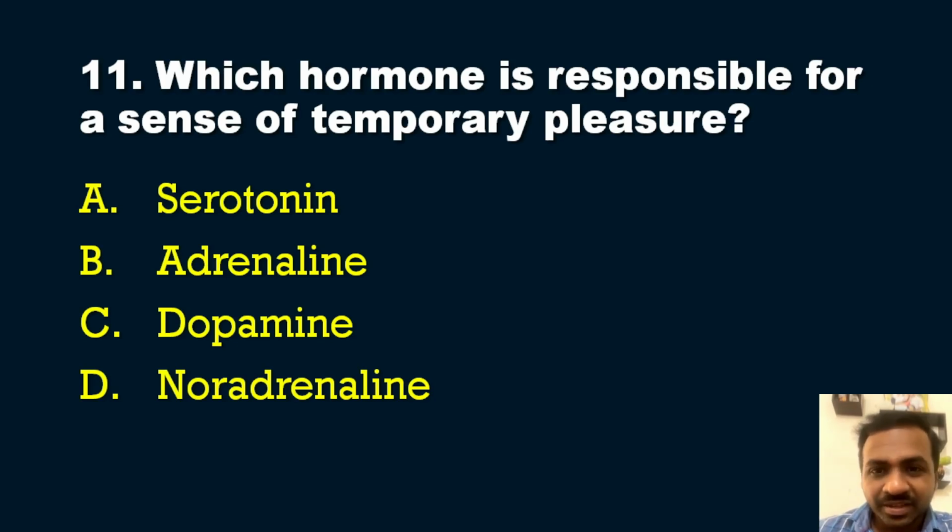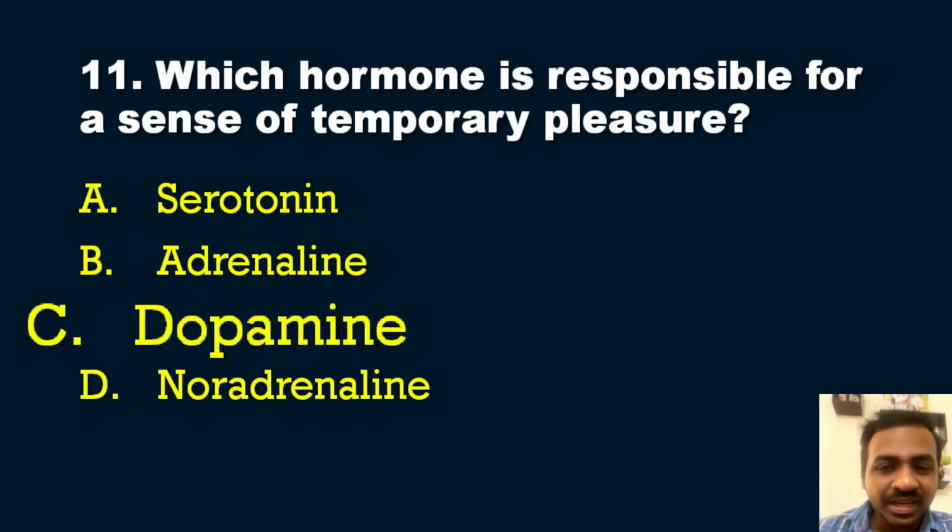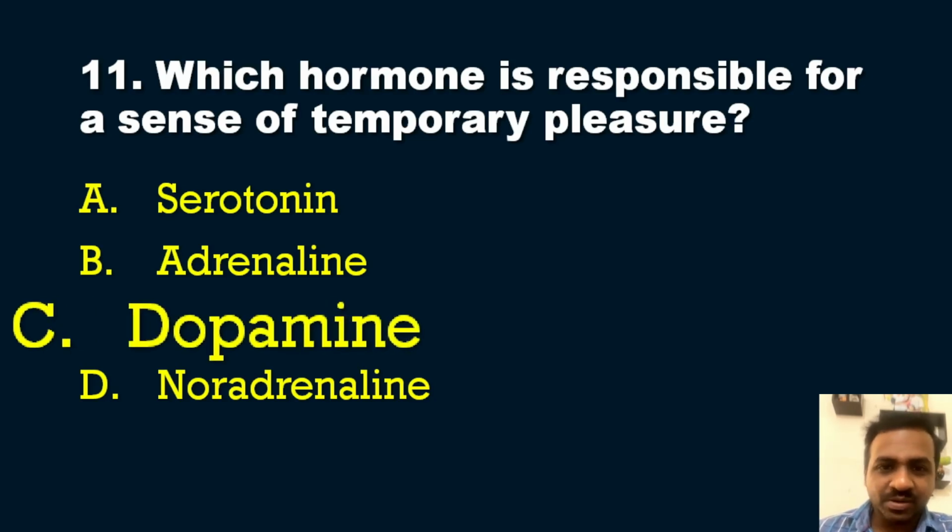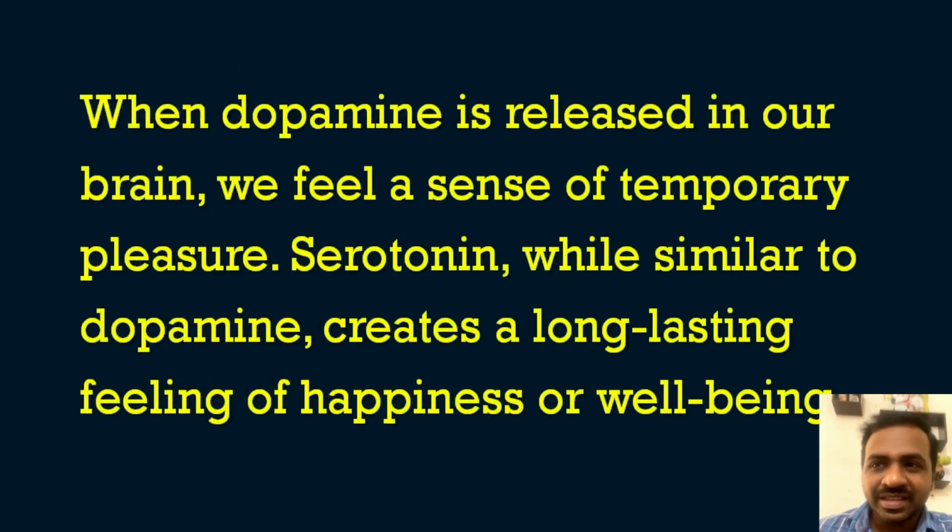So the answer for this question is option number C dopamine, not serotonin. Why? That will be explained in this session. When dopamine is released in our brain, we feel a sense of temporary pleasure. And serotonin, while similar to dopamine, creates a long-lasting feeling of happiness or well-being. That is the thing you have to understand.